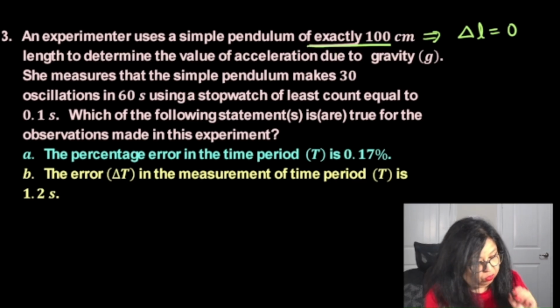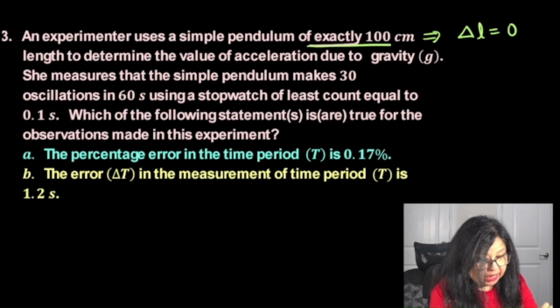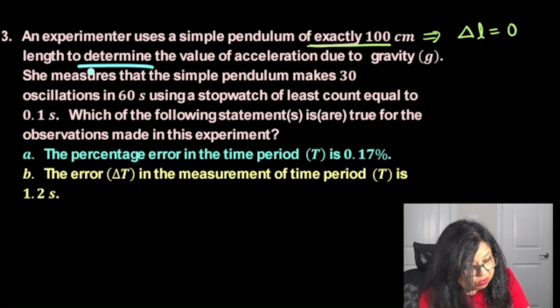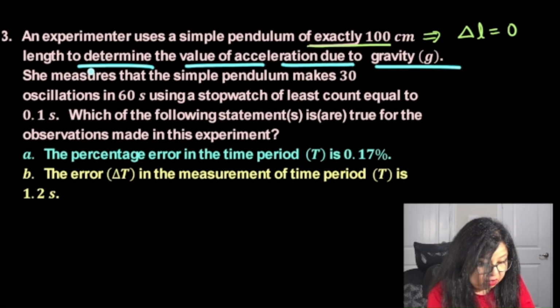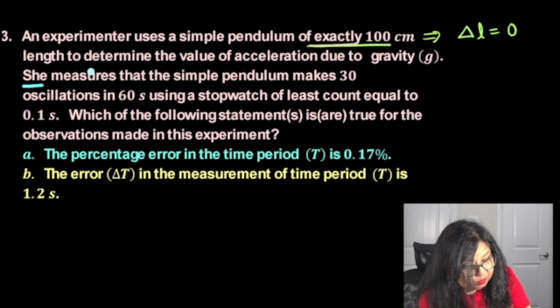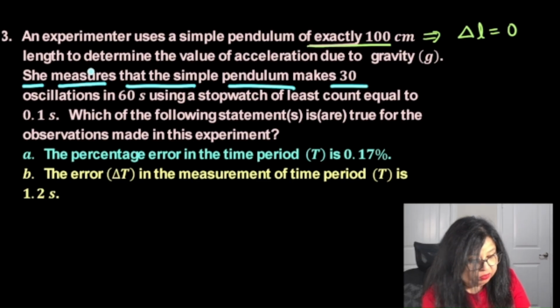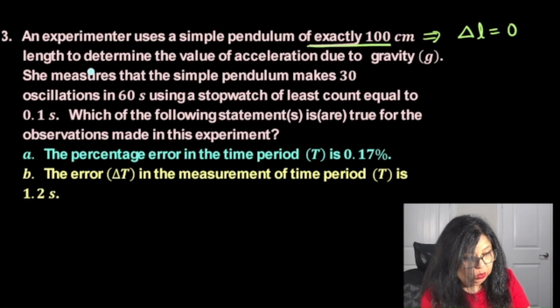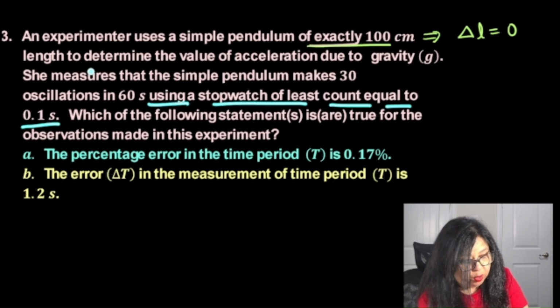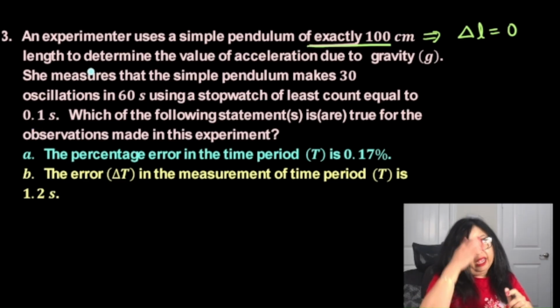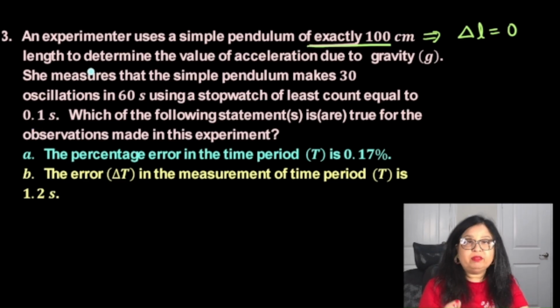All right. So we know that the length of the pendulum is 100 centimeters, and this pendulum is used to determine the value of the acceleration due to gravity g. The experimenter measures that the simple pendulum makes 30 oscillations in 60 seconds, just like problem number 2, using a stopwatch of least count equal to 0.1 seconds. Now in the last problem, the least count was 1 second.